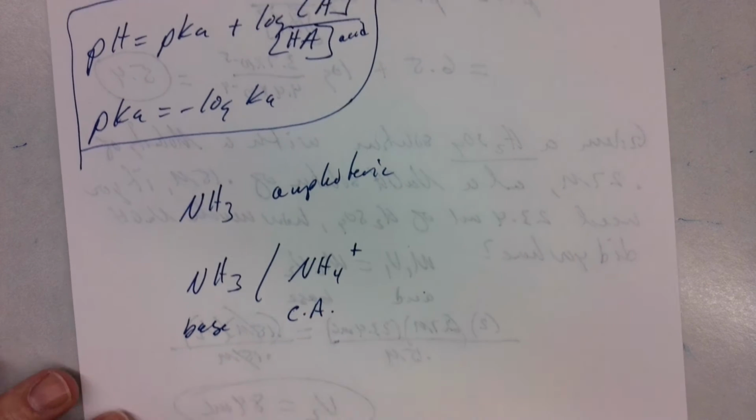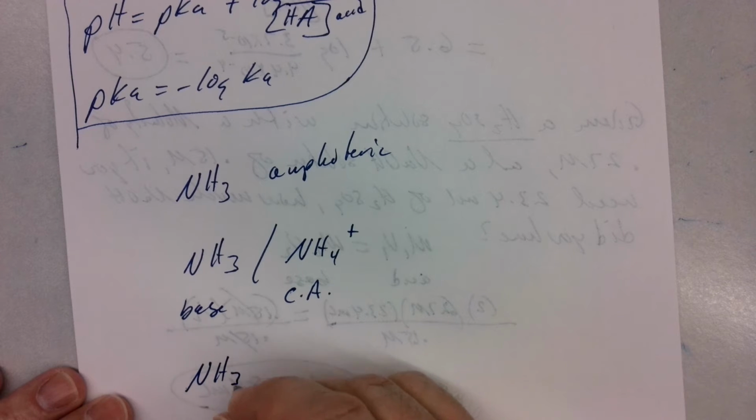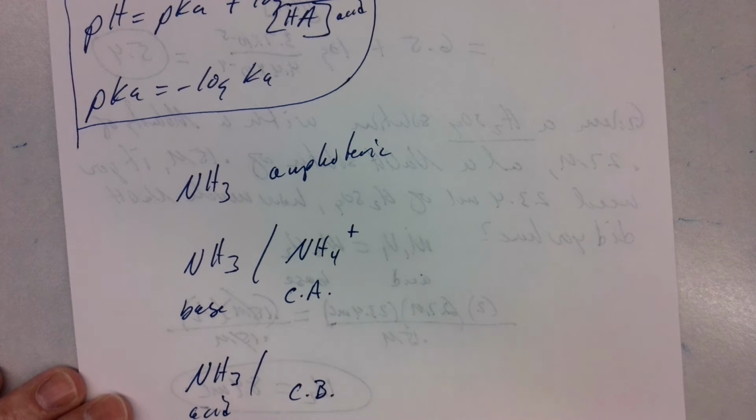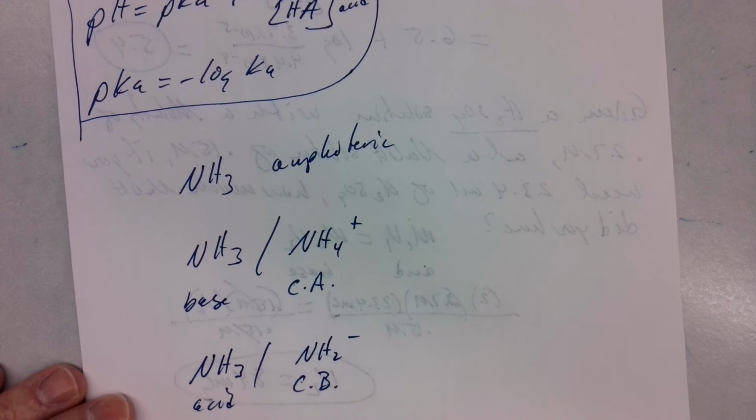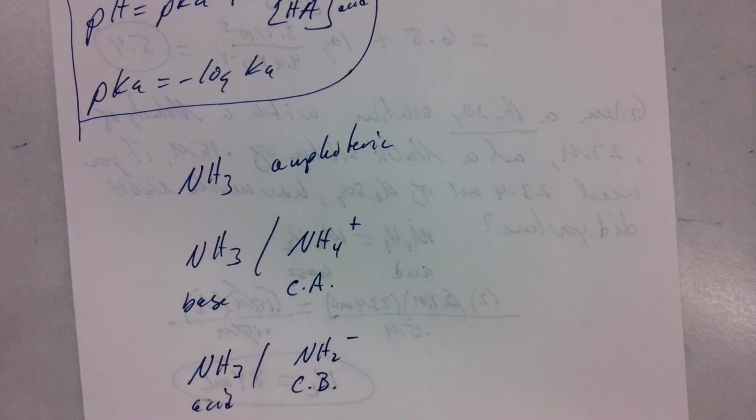But if I want it to be my acid, its conjugate base is NH2 negative. So water and ammonia are probably the two most common amphoteric substances we know of.